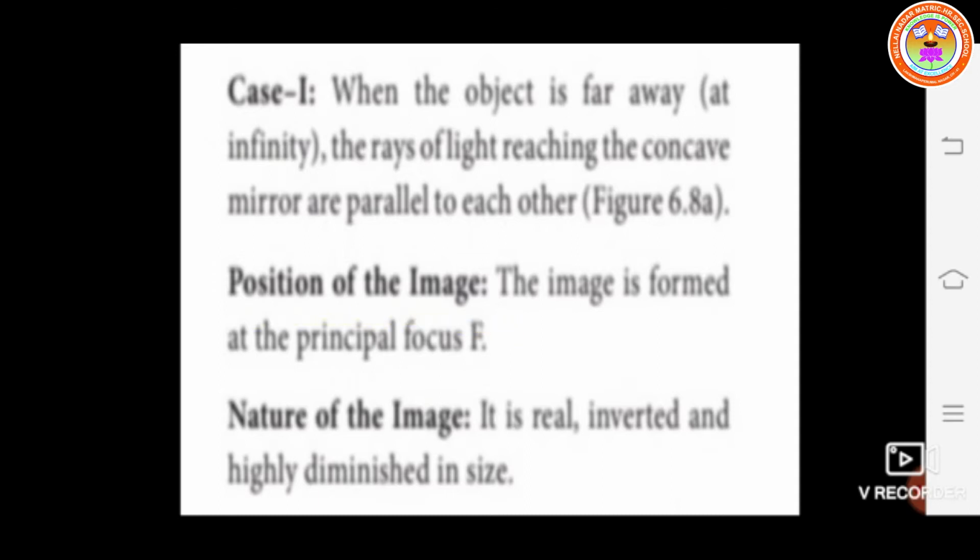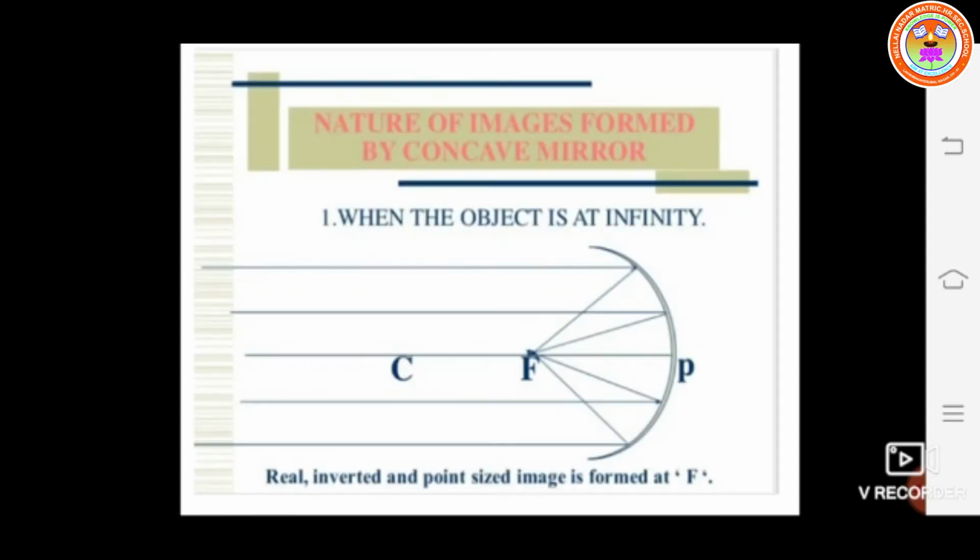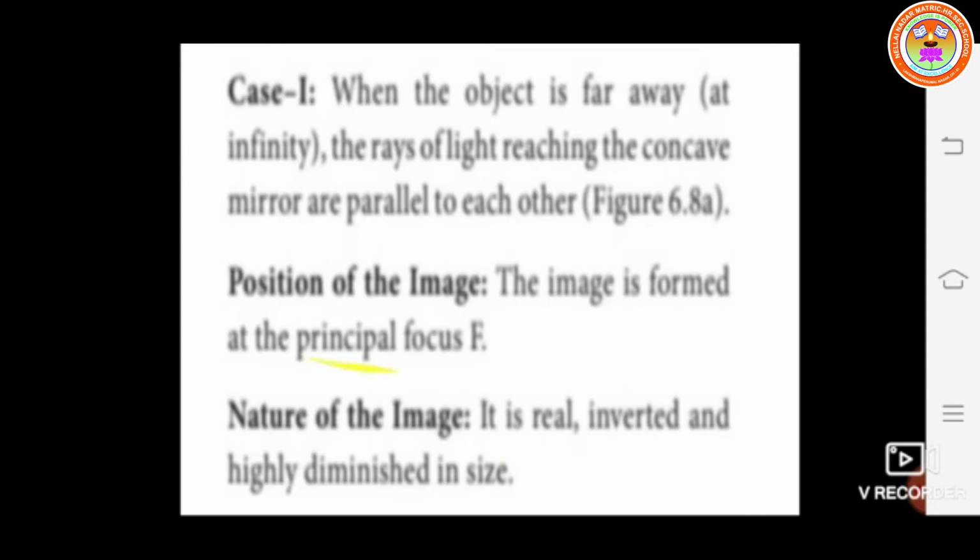The position of the image is formed at the principal focus. The object is placed at infinity, so the incident ray is parallel to the principal axis. It reaches the concave mirror and is reflected. The reflected rays meet at one point, that is the principal focus.